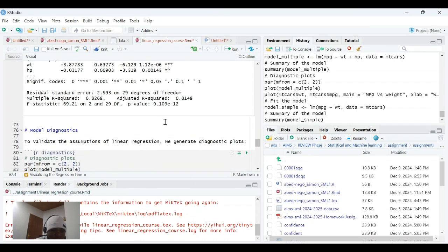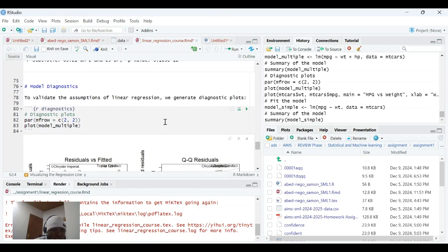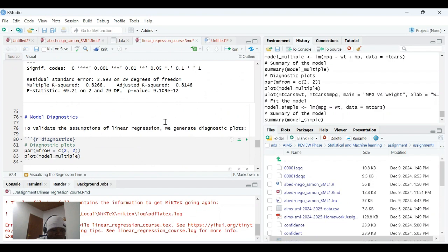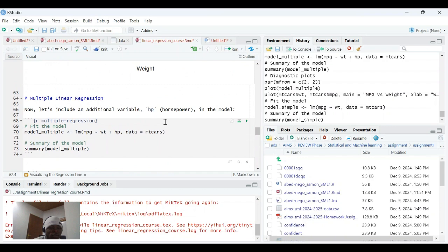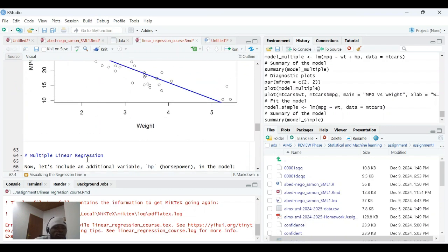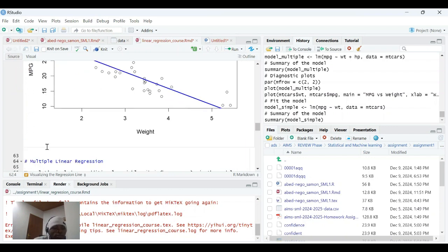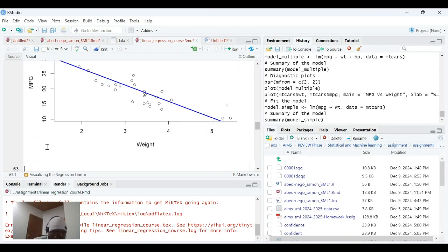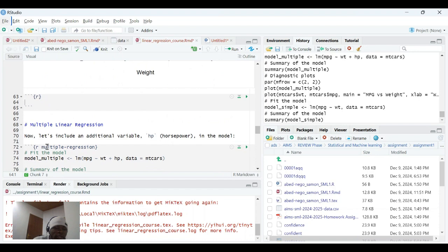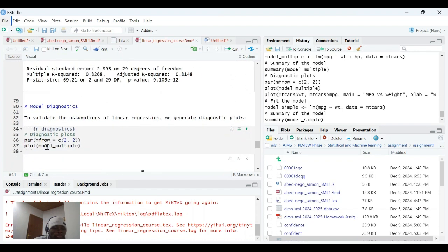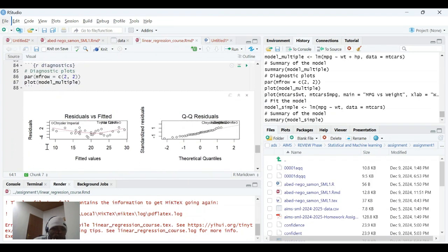At the end, we will check the assumptions of the model. So how do we check the assumptions of the model?